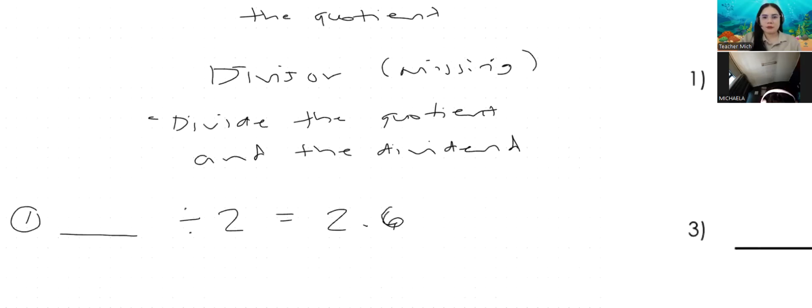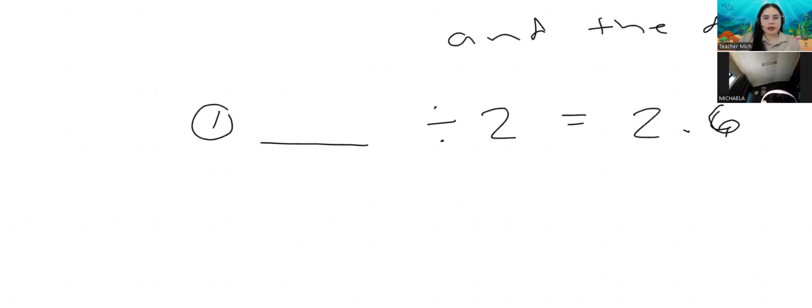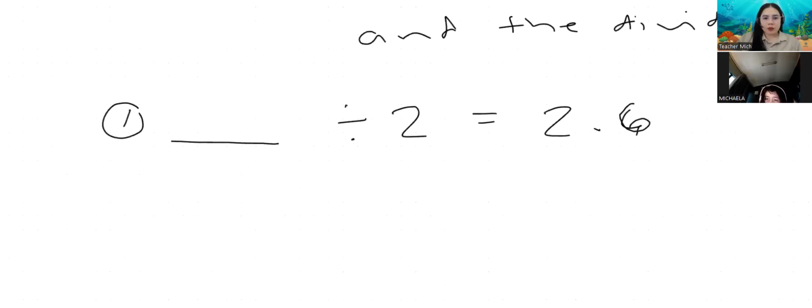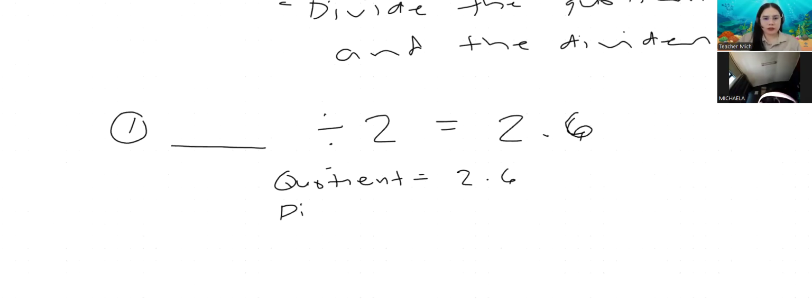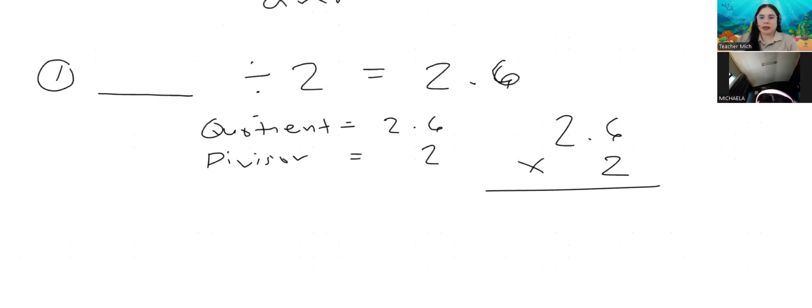So we have here our quotient, 2.6, and our divisor is equal to 2. So all we need to do is multiply 2.6 times 2. Michaela, can you please multiply this one?